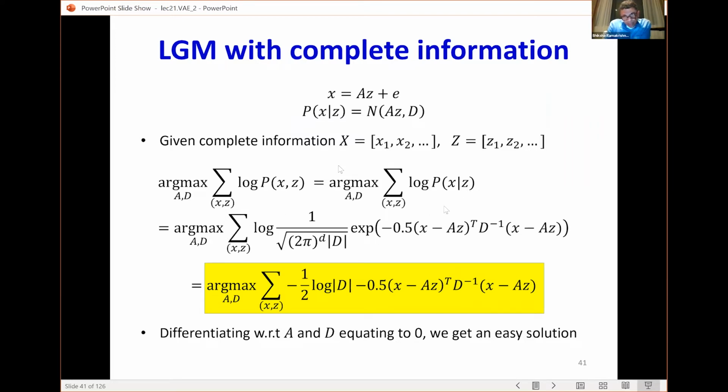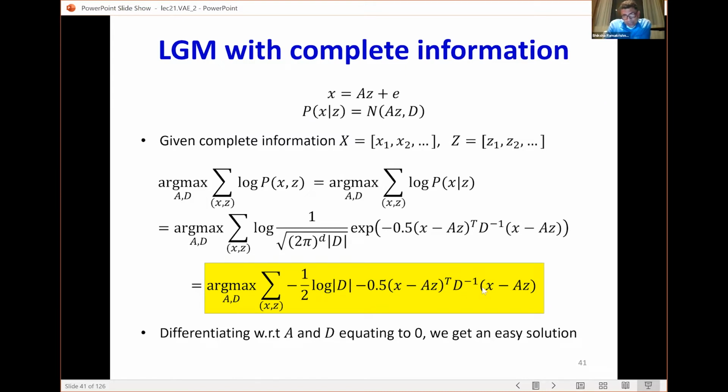And this can be written down. And so this term over here can now be maximized with respect to A and D by differentiating it with respect to A and D and equating it to 0. I'm not going through the math, but you can see how this follows, right? It's a nice formula, but at each point we know both X and Z because we are assuming that the coordinates were given, that you have the complete data.